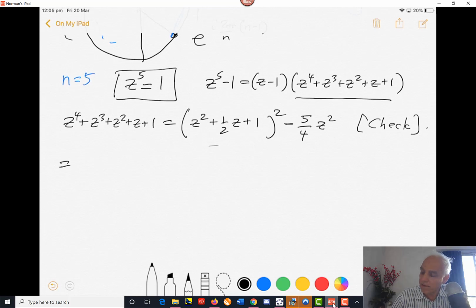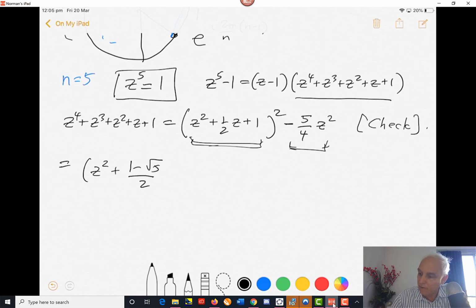It's going to be this first one plus the square root of this thing, and the other one is going to be this first one minus the square root of this thing. So we write down those factors, and we get z squared plus (1 minus root 5)/2 times z plus 1, and the other one is z squared plus (1 plus root 5)/2 times z plus 1.